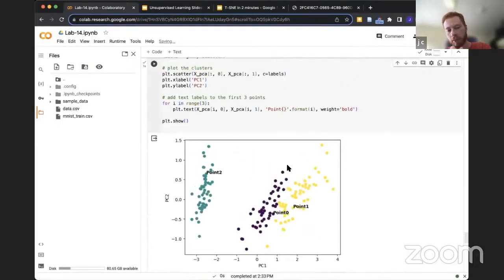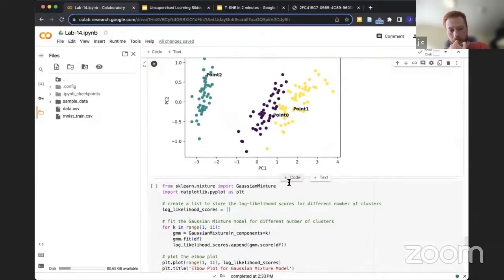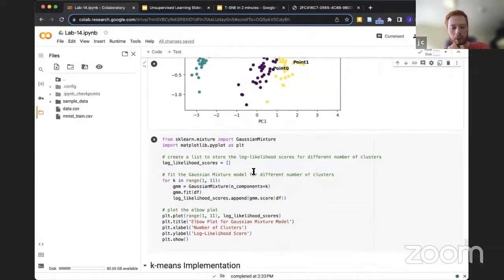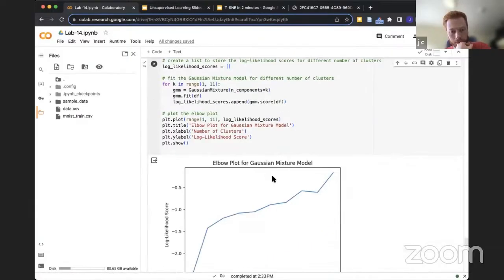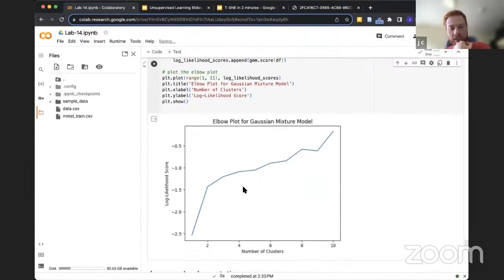You see the Gaussian mixture model creates some new clusters that I find make a bit more sense than what k-means does. Now let's look at our elbow plot again. This time we look at the log likelihood score, so it goes up.